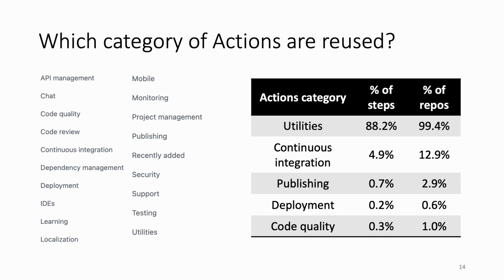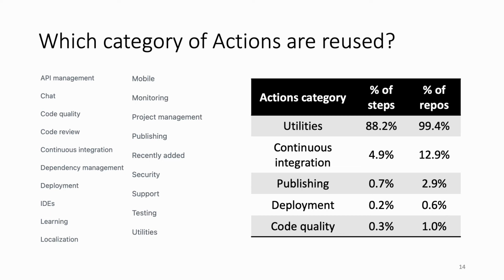We studied the categories that we found in the repositories of our dataset, and we realized that 88% of the steps, which are distributed over 99.4% of the repositories, are using actions from the category of utility. This shows that utilities is the catch-all category: whenever developers can't come up with a specific category, they just decide to use utilities.